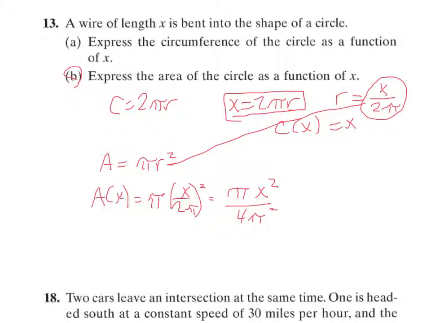Cancel a pi. So now we get x squared over 4 pi. There is your area with respect to x. So circumference with respect to x is simply x. Area with respect to x is x squared over 4 pi.